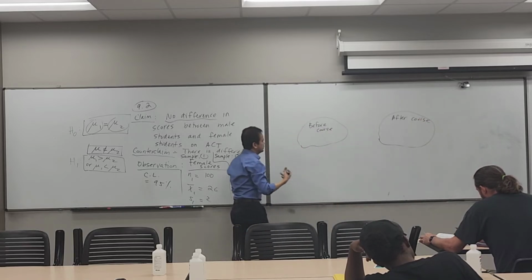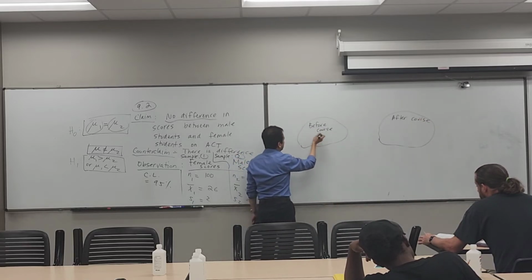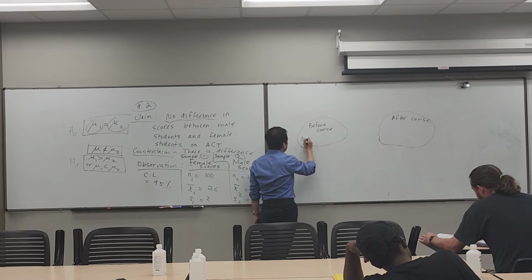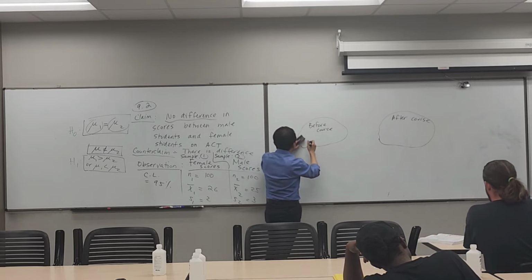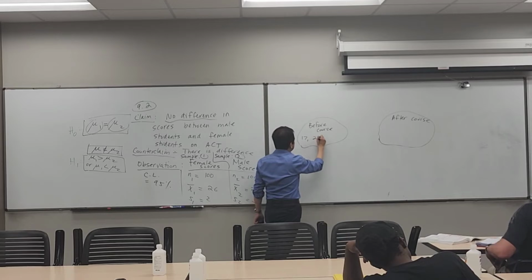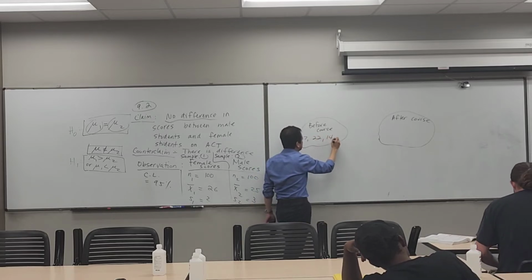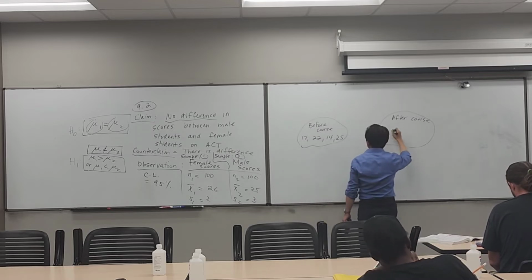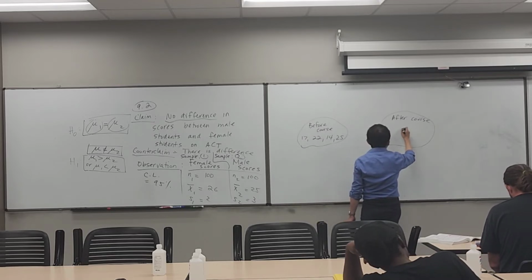Let's say that you have a bunch of scores before the course, and then after the course you have a bunch of scores, but let me put them in random order.